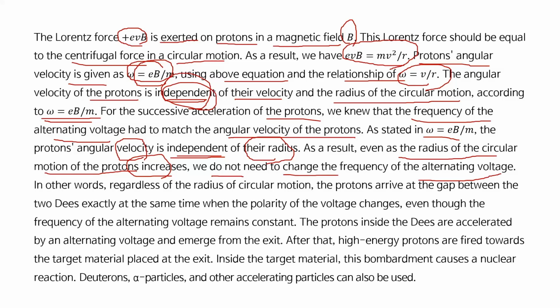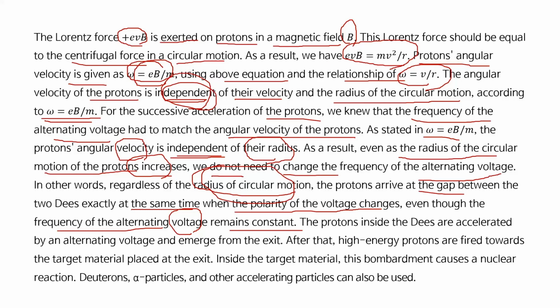In other words, regardless of the radius of circular motion, the protons arrive at the gap between the two Ds exactly at the same time when the polarity of the voltage changes, even though the frequency of the alternating voltage remains constant. So we don't have to change the frequency of the alternating voltage every time.